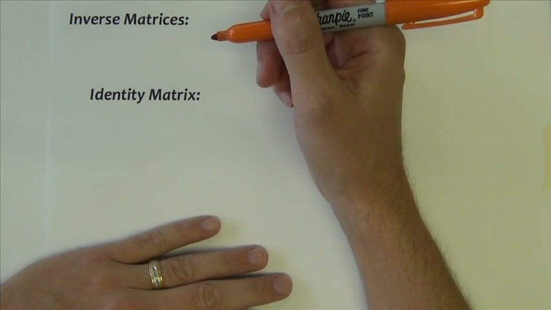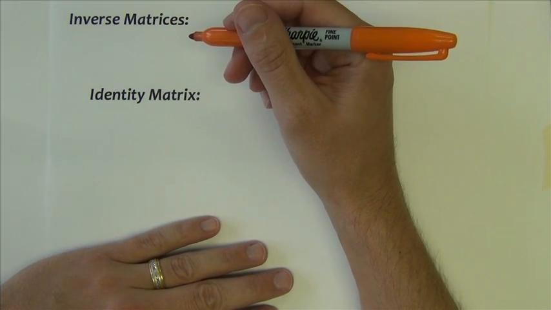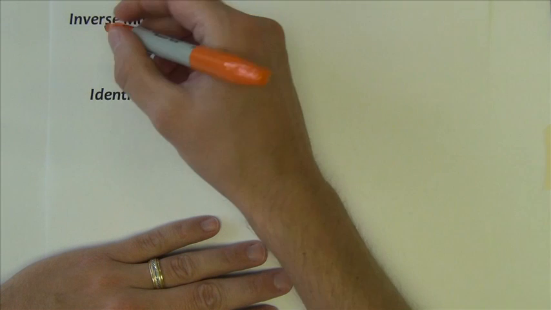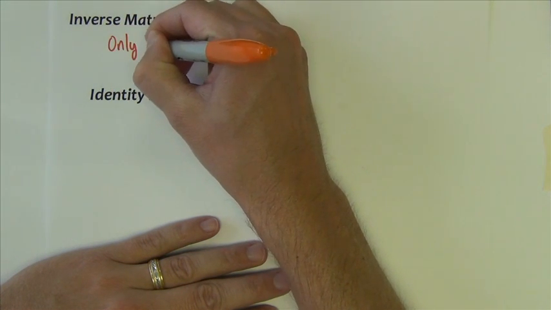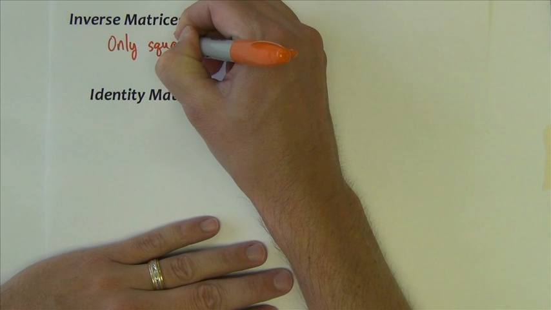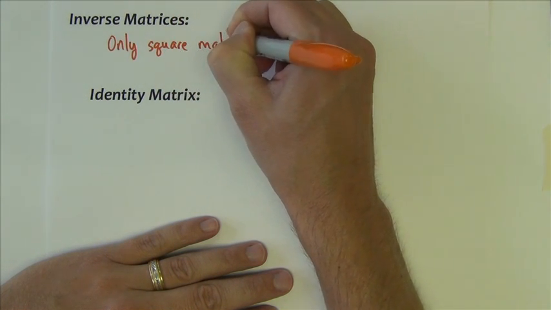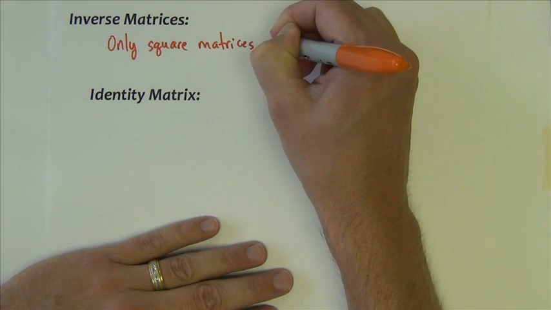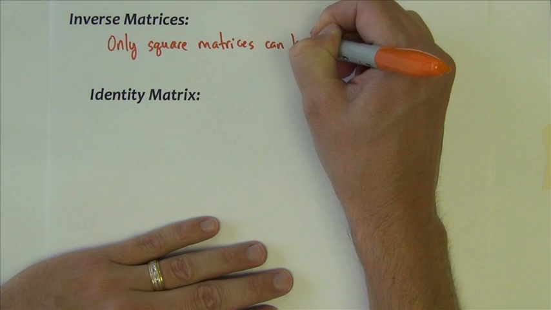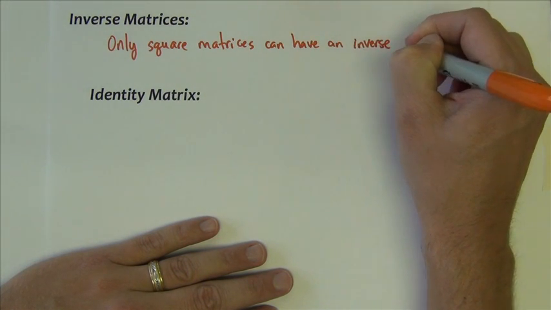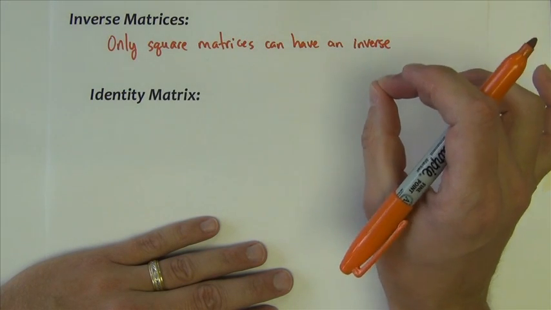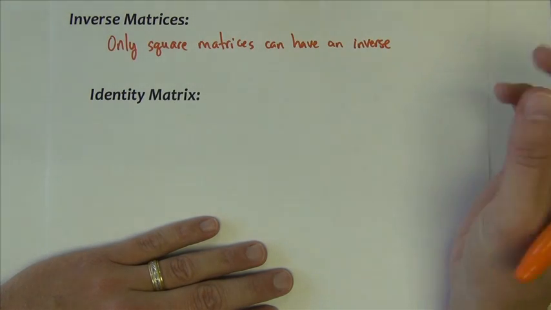Okay, inverse matrices. Only square matrices can have an inverse, but not all square matrices do.